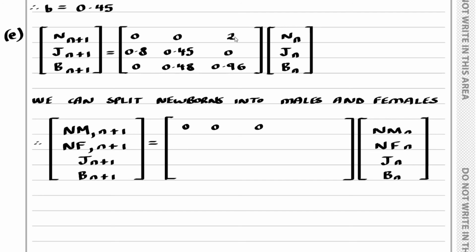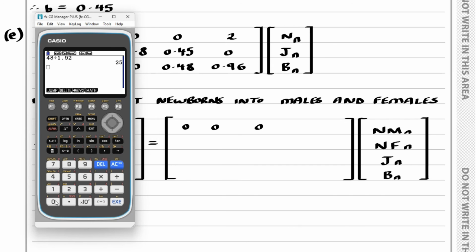But then this 2, if we think about males, what we have is the 42% of the 2. So if I work out what this is, I've got 0.84.